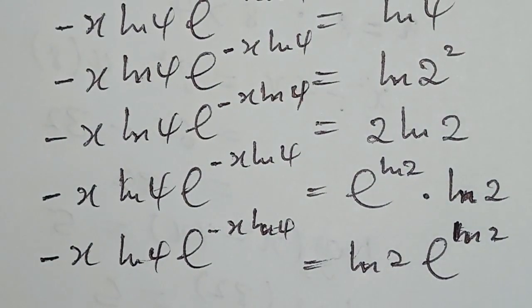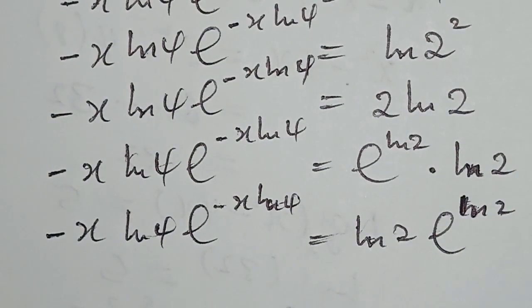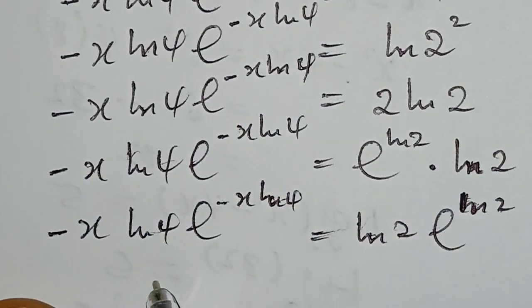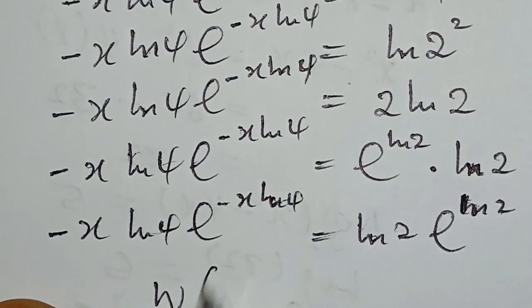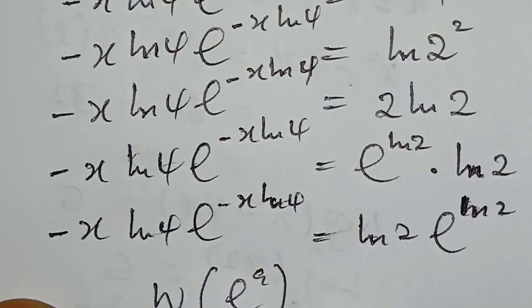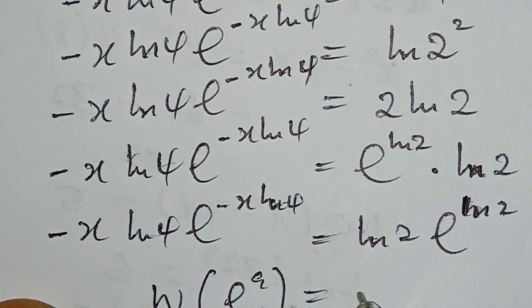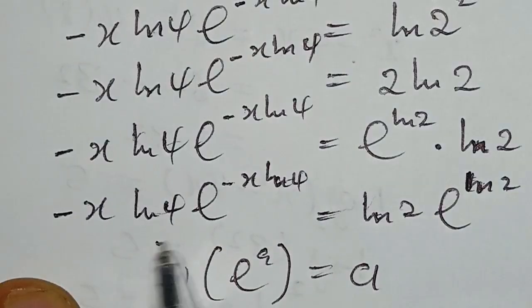Now what we need to do is to apply the Lambert W function to both sides. The Lambert W function implies that the Lambert W function of x e to the power of x will give us the resulting answer to be x.